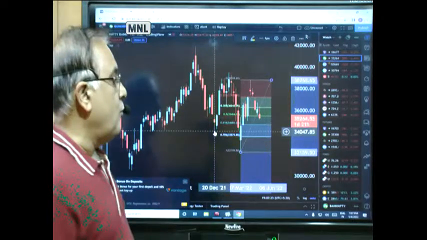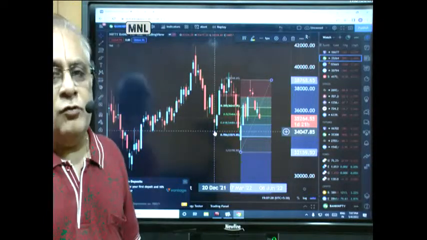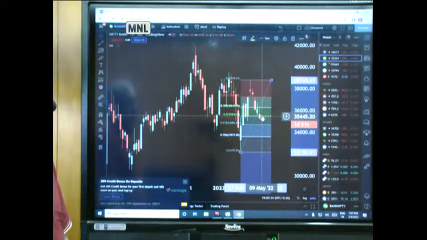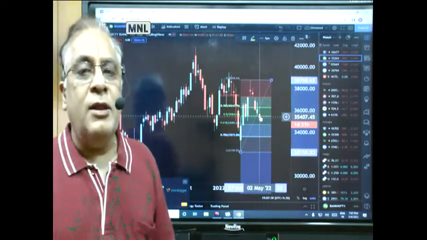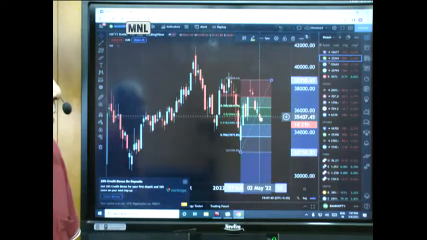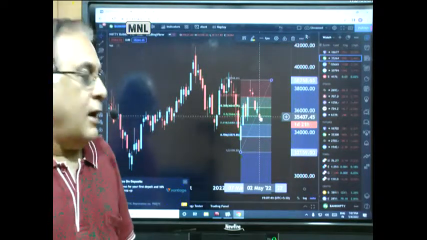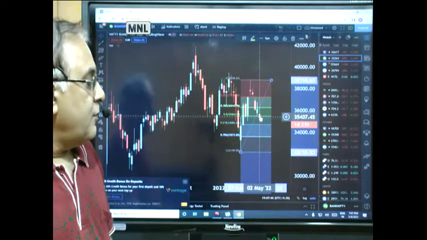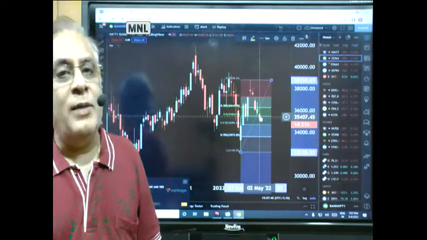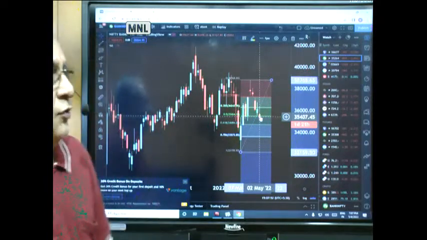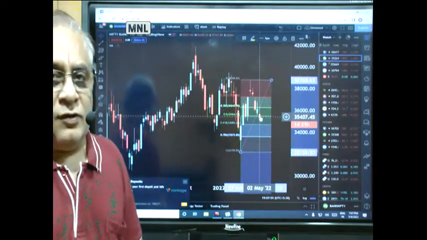Since it has broken this particular Fibonacci, I think this high, which is 36,309, will be in place for time to come. So an intermediate top has been made at 36,309, and it looks as if we are heading towards 34,000. This is the big picture analysis as far as the Nifty and Bank Nifty are concerned.